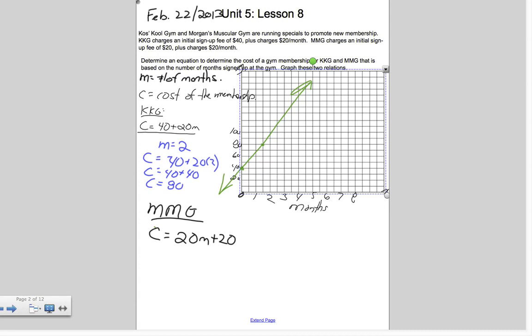So how can I graph this relationship? We're doing the same thing. If it's 0 months, when we do m is equal to 0, what are we looking for? What is the term that we use? The y-intercept.